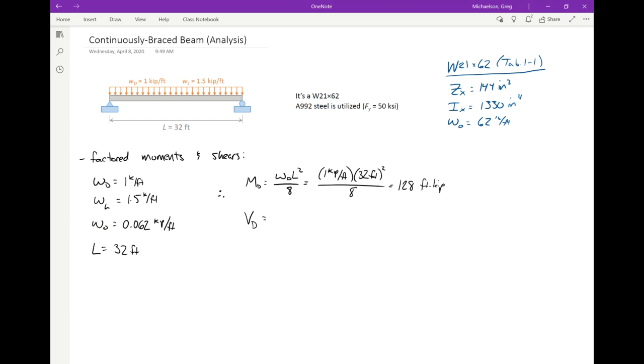I want somebody to tell me that in chat. Again, you can go to table 3-23.